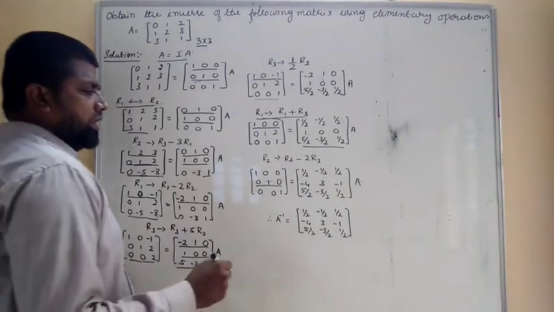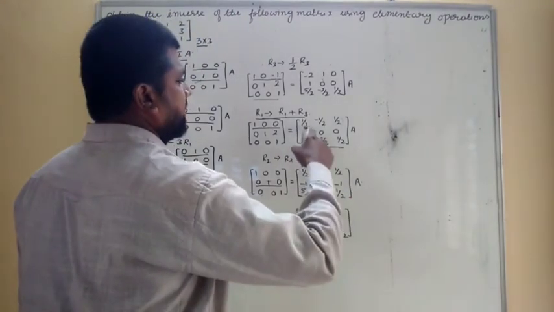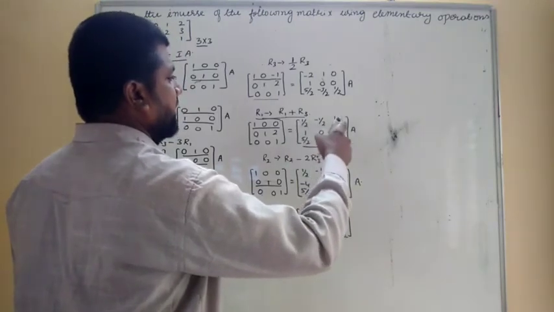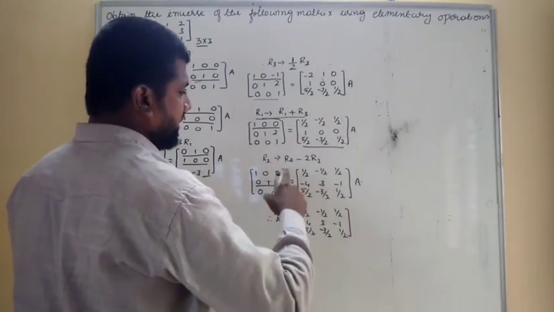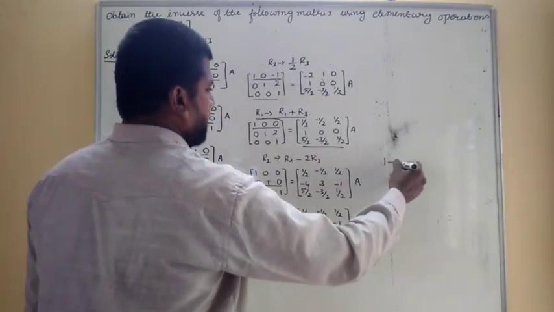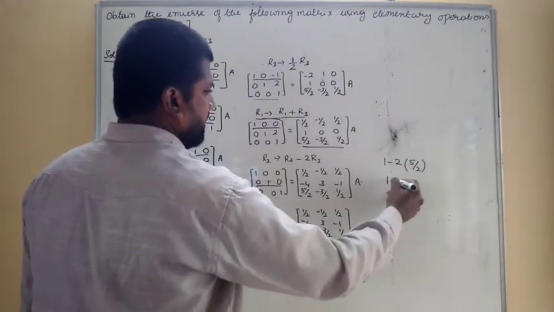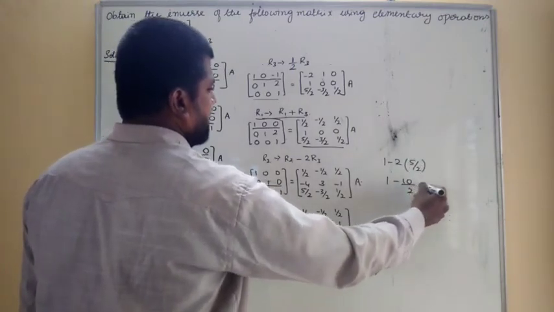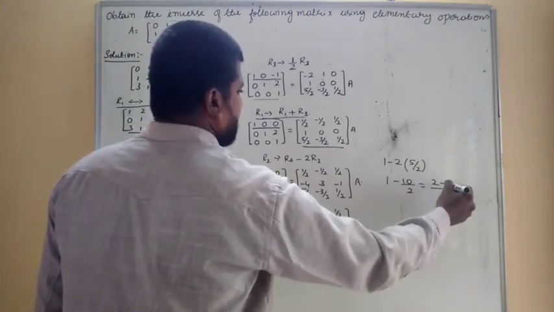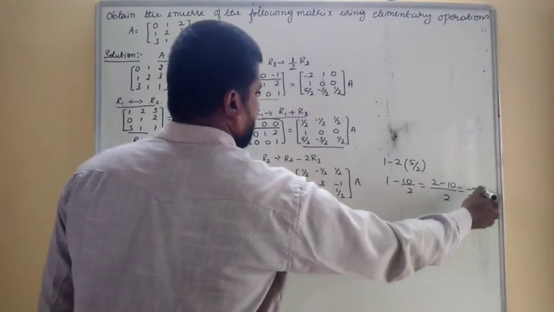Again let us change the right side. The first row you write as it is, 1 by 2, minus 1 by 2, 1 by 2. Then change the second row. The second row's first element is 1 minus 2 into 5 by 2, so 1 minus 10 by 2. Take LCM 2, 2 minus 10 is minus 8 by 2, that is minus 4.